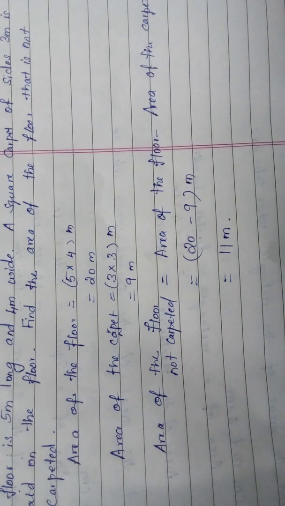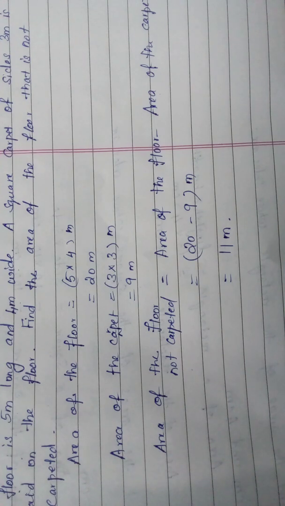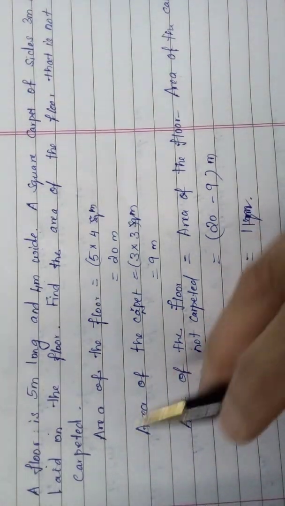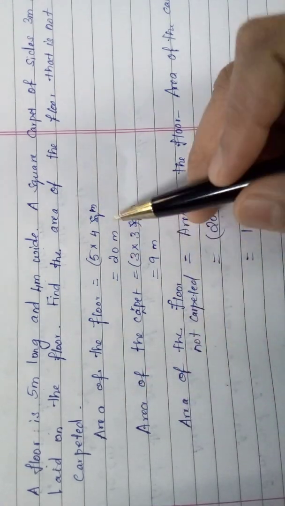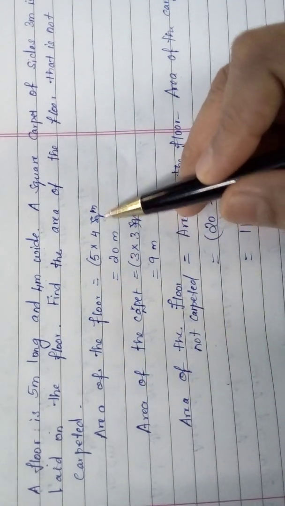So, in this way you understand the word problem. What are the things given here, whether it is a rectangular shape or a square shape, and you know the formulas for both the area of a rectangle and the area of a square. So, you can apply those formulas and find the answers you need. Understood, children? And what is the unit of area? Square meter, you should write in square meter.